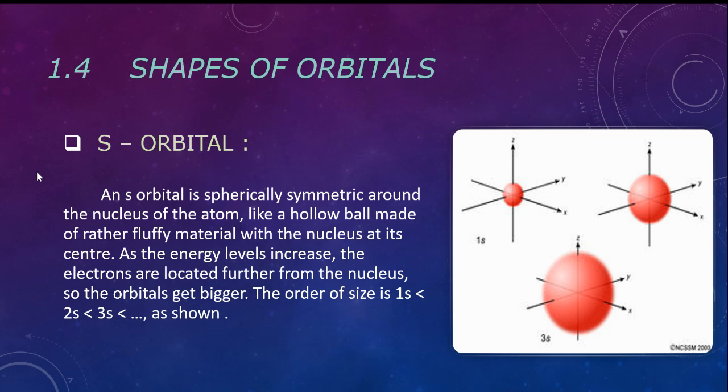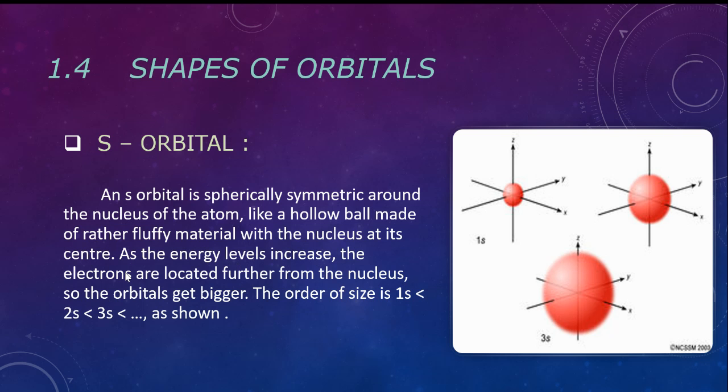As the energy level increases, the electrons are located further from the nucleus, so the orbital gets bigger. That means the 1s is closer to the nucleus, so it is smaller in size, and 2s is in the second orbit, so it is a little bit bigger. Then 3s is far away, so it is still bigger.